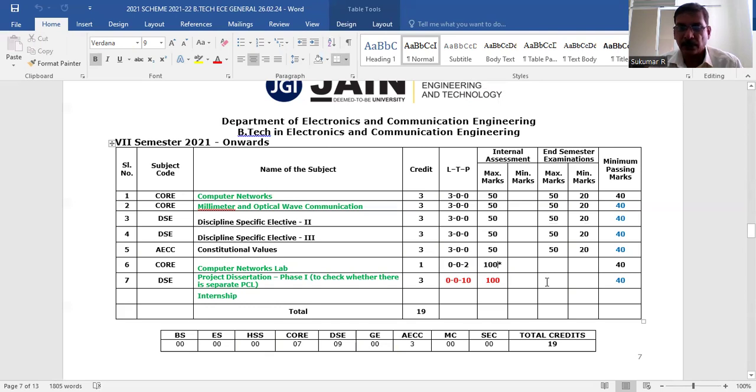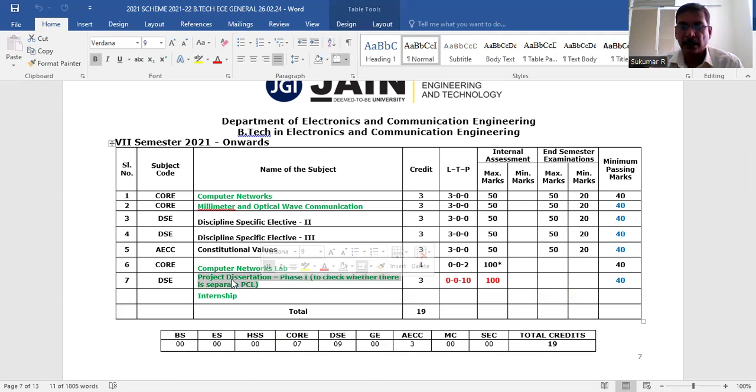Then project dissertation, if you take, you will have two reviews, project reviews. Then based on that review, you will be given marks for this 100. But one important thing with respect to project is that all students need to identify the topics for the project, and then we have to report it to the class teacher and the project coordinator.